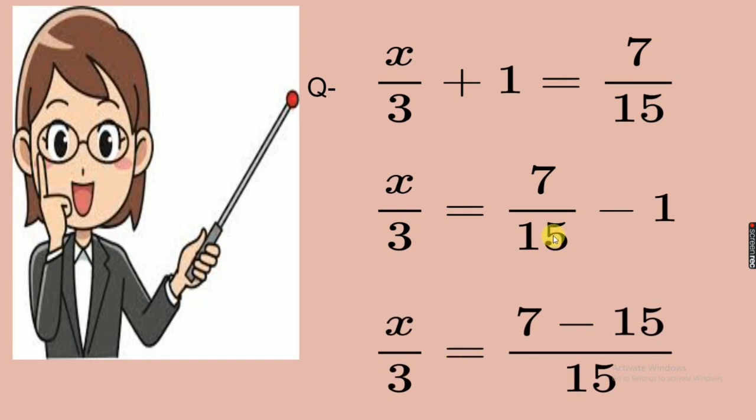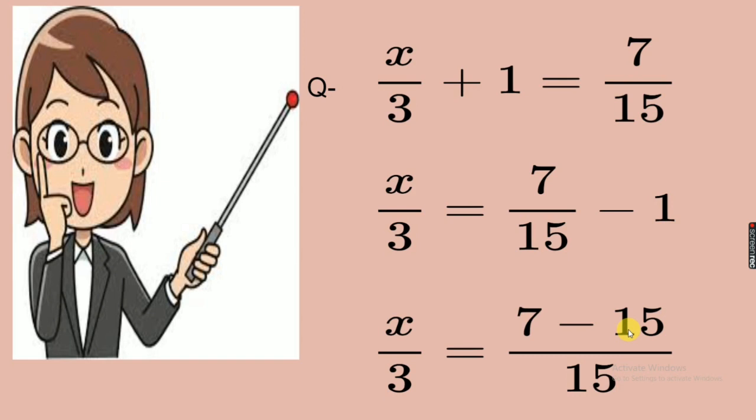Now x upon 3 is equal to, taking the LCM of 15 and 1, we got LCM 15. 15 ones are 15, 1 multiplied by 7, 7 minus 15 divided by 1, we got 15, 15 multiplied by 1, we got 15.